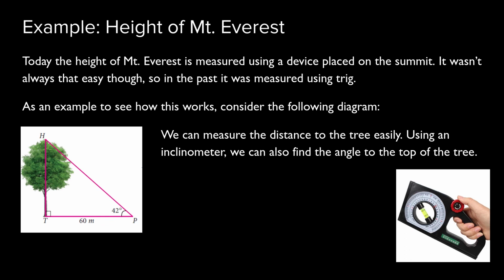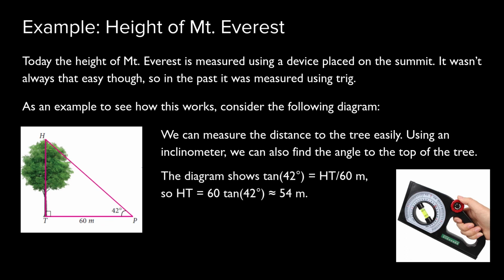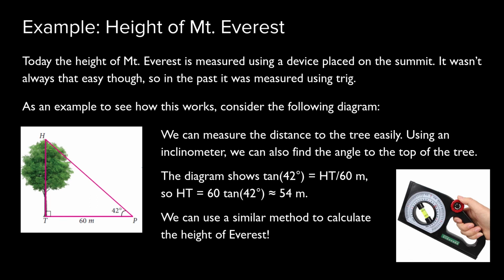Then if we multiply both sides by 60, we find that HT, our missing length, is equal to 60 times tan of 42 degrees. And then plugging this into our calculator, we find the height of the tree to be approximately 54 meters. So pretty tall tree.